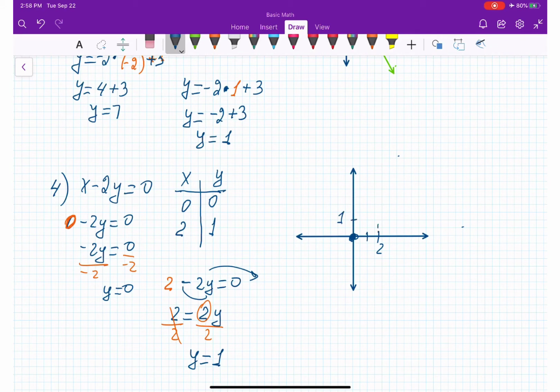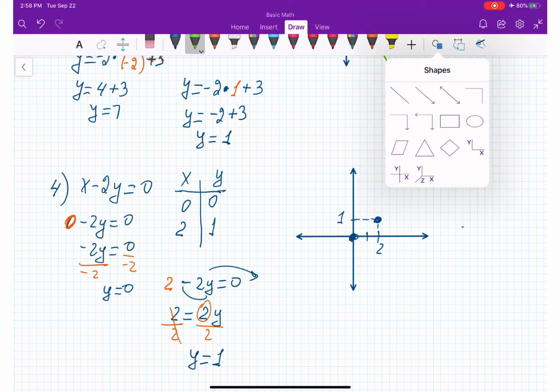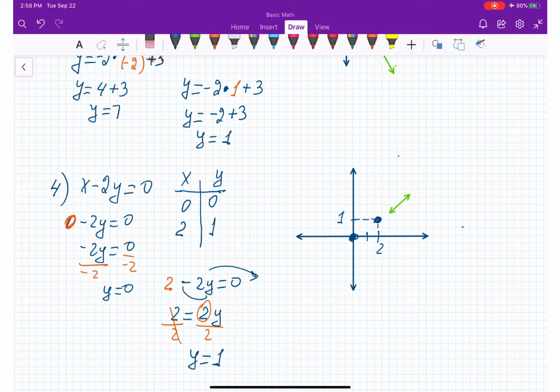So 2 and 1. 2 points. And I'm going to draw the graph. There we go. And this is my x minus 2y equals 0.